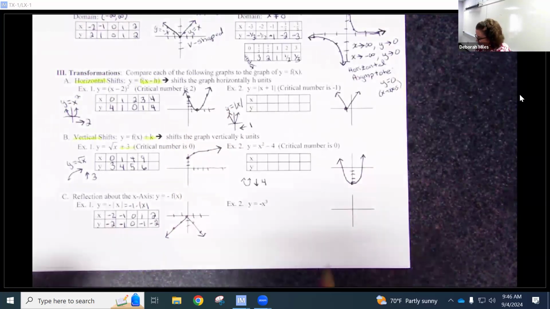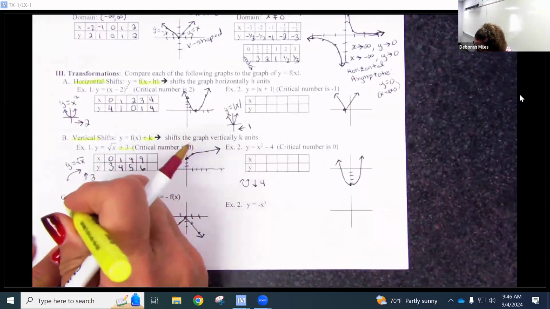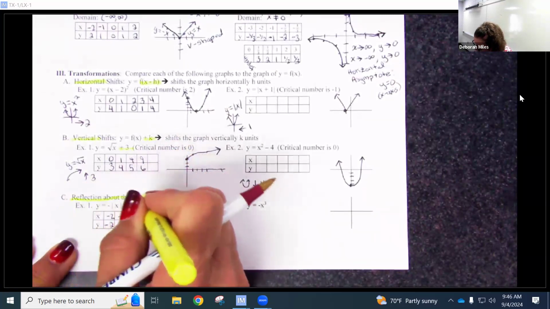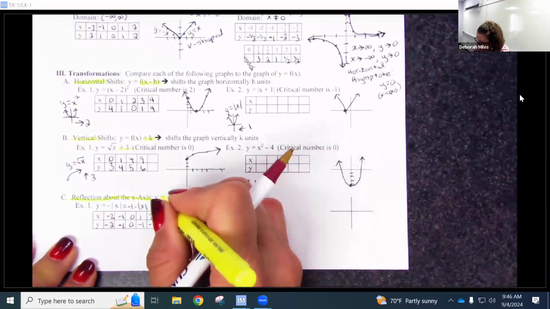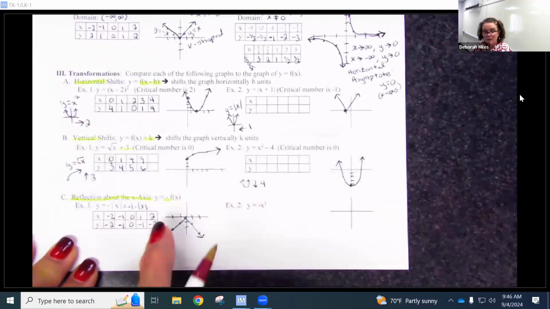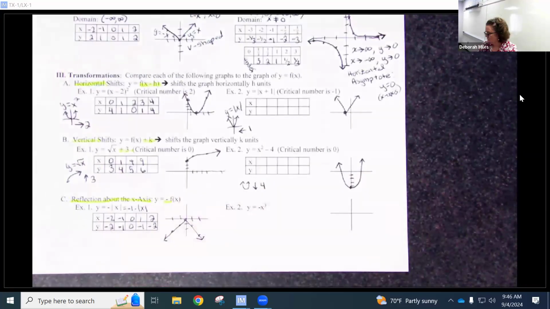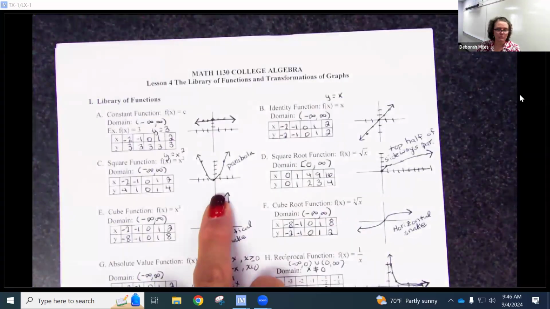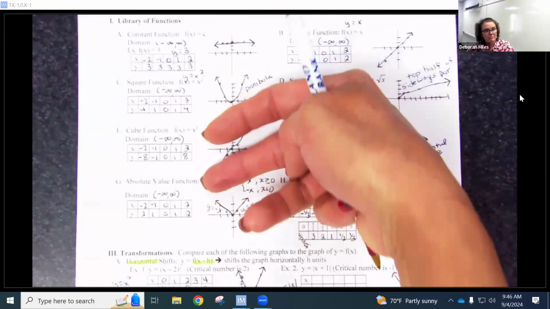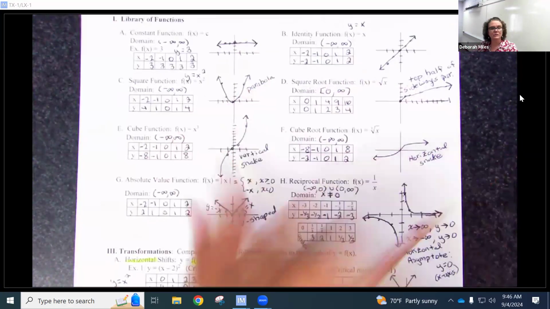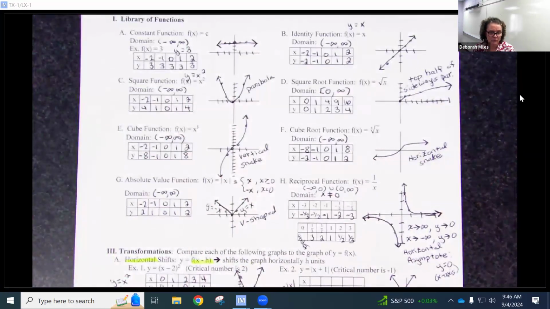That's what we call a reflection, a flipping across the x-axis. And that happens whenever you put a negative coefficient on your function. If I graphed negative x squared, it would just flip this parabola upside down. If I put negative x cubed, it would flip that vertical snake so that it was going downhill instead of uphill.